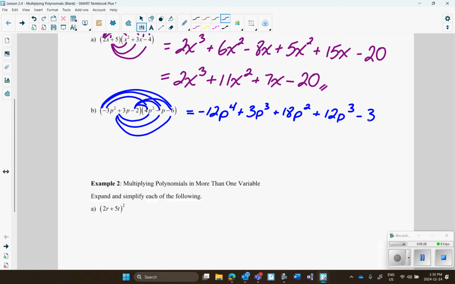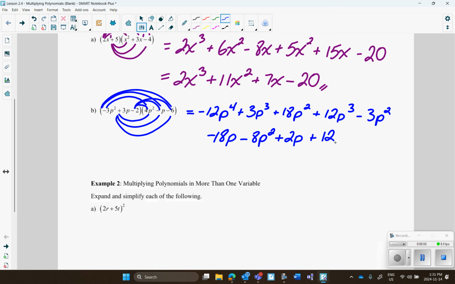Subtract 3p squared, correct. Subtract 18p. And then finally, we go back to the first set of parentheses and run the 2 through the second set. Negative 8p squared, positive 2p, positive 12.